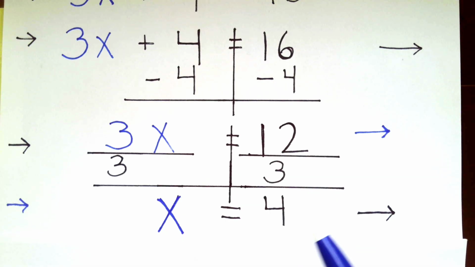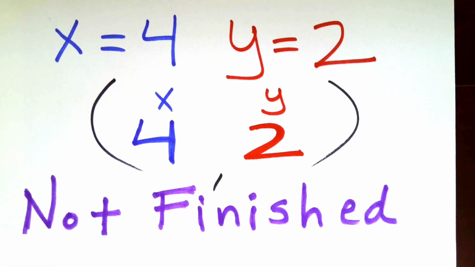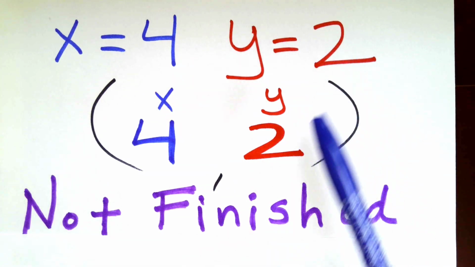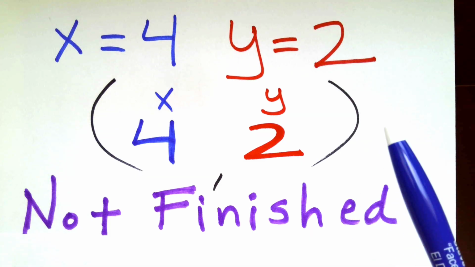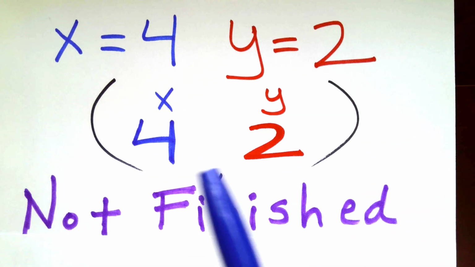Now we're not done yet. We have a value for x, we have a value for y, but we're still not finished. What's left? We have to do this with systems of equations. What do we need to do next? Just like I mentioned a moment ago, x equals 4 and y equals 2, but we're not finished yet. We need to check our answers and verify that these are the values for x and y.